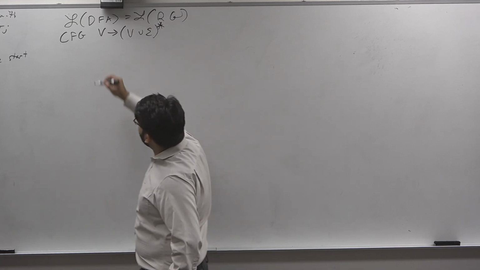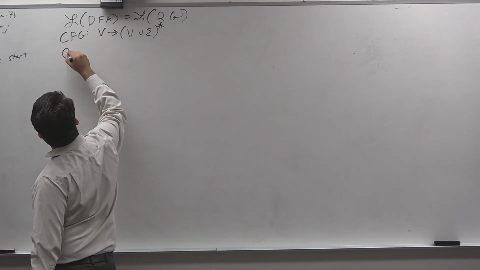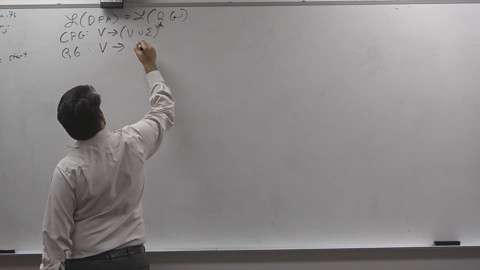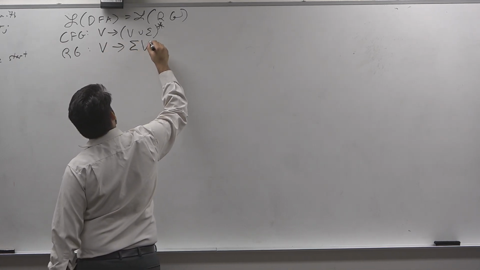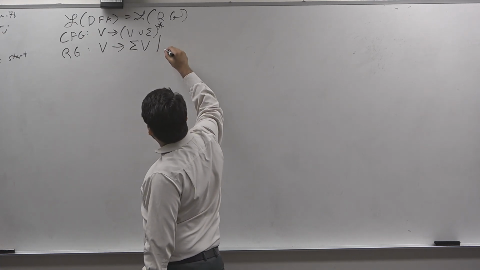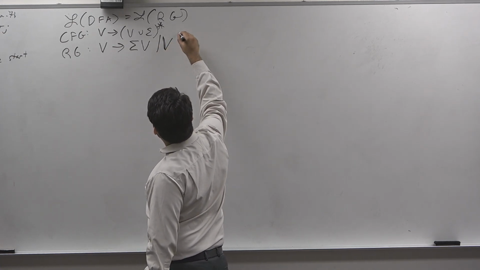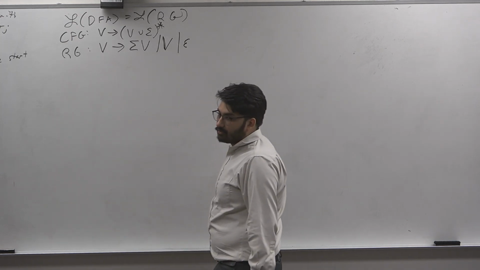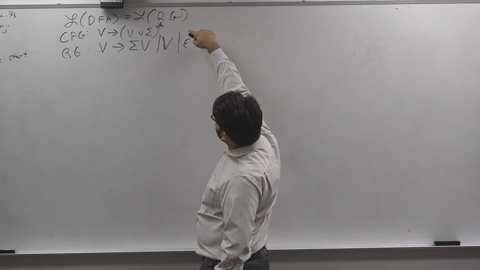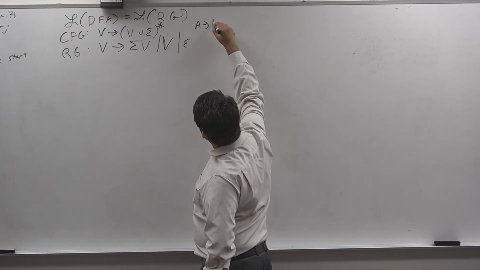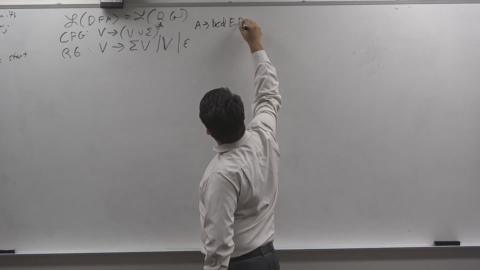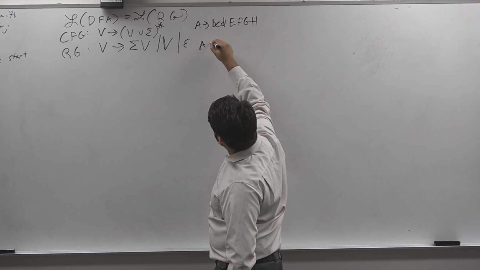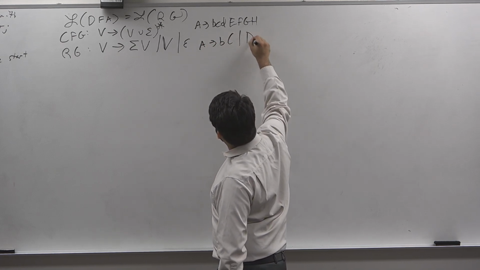We will instead define a regular grammar to be as follows. A single non-terminal can either go to a single terminal followed by a single non-terminal, or a single non-terminal, or the empty string. That's the only thing allowed. In practice, what this means is that in the first one A can go to B, C, D, E, F, G, H. Regular grammars only look like A goes to B, C, or D, or empty string.